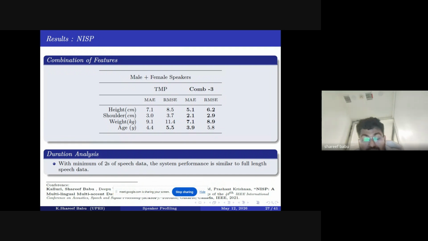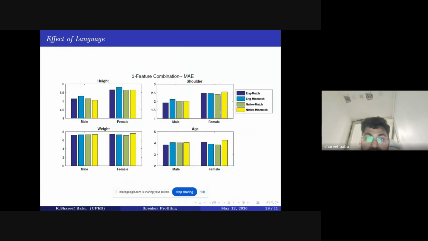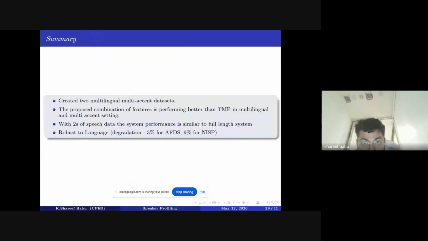One observation is that the waist did not have much impact on the physical parameter estimation using speech, so we discarded it for the NISP dataset. We also looked at the effect of language for height, shoulder, weight, and age estimation using the NISP dataset for matched and mismatched conditions.